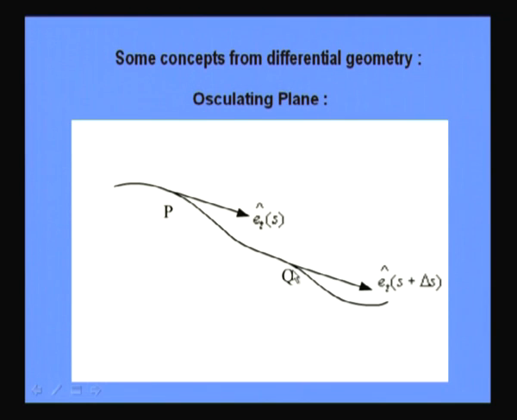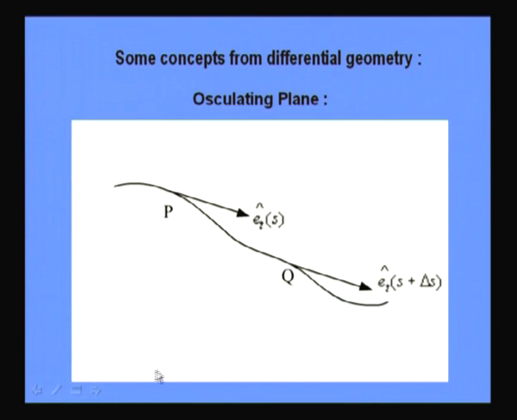In that case also one can draw a tangent on the curve at position s, this is et(s), and the next one is et(s plus delta s). So these are the 2 tangent vectors drawn.